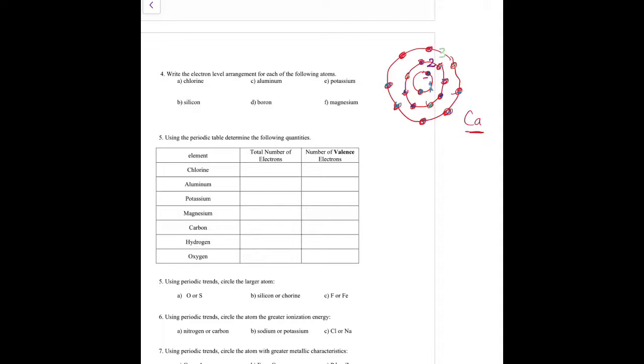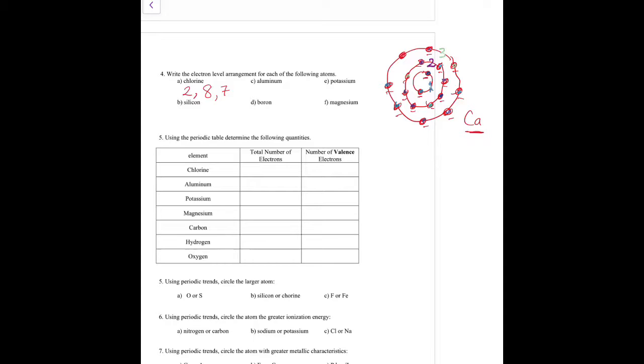Well, remember I said I have the first 2 in the first shell, so I say 2. Then I filled up that shell, so I moved to the second shell where I have 8, right? So I filled up that shell with 8. And finally, I filled up the third shell with 7 more to give me a total of 17. So that's called 2, 8, 7.